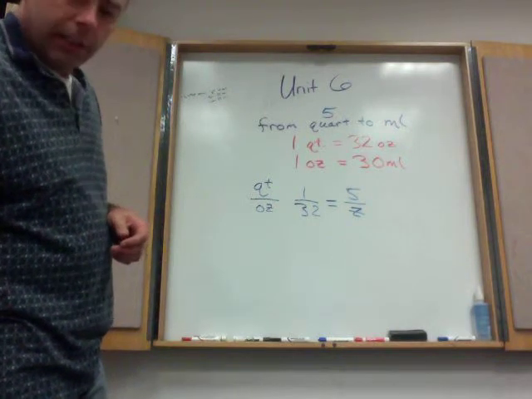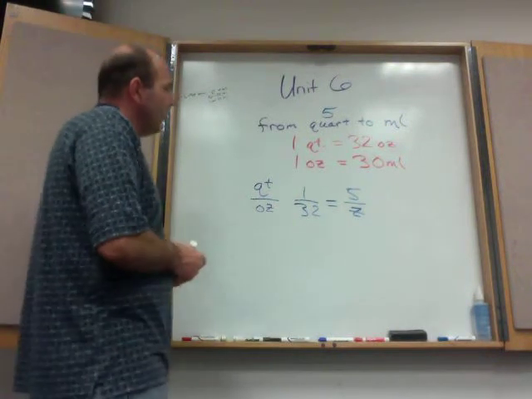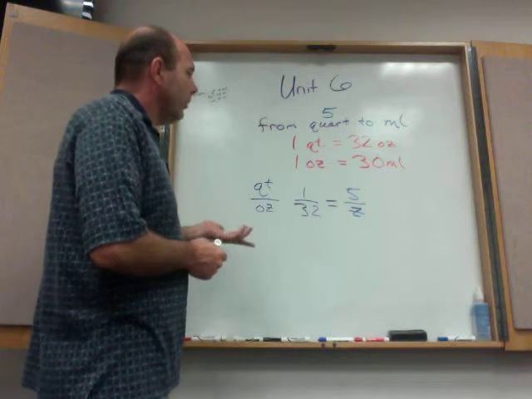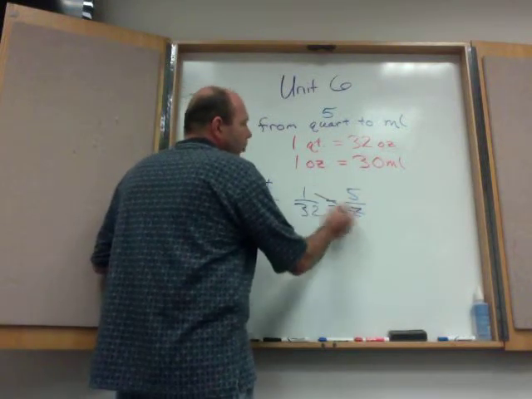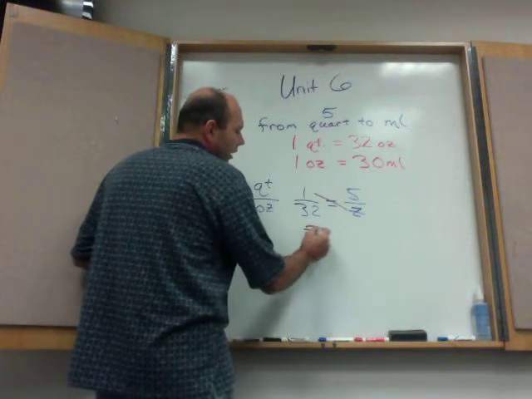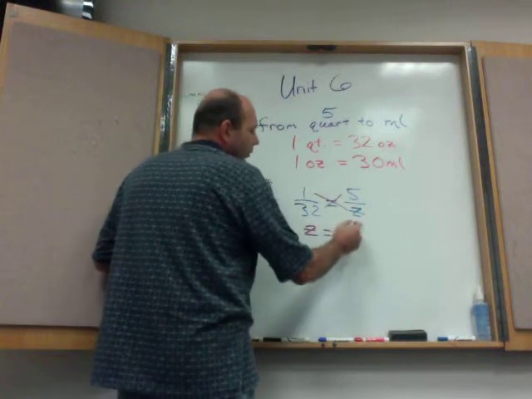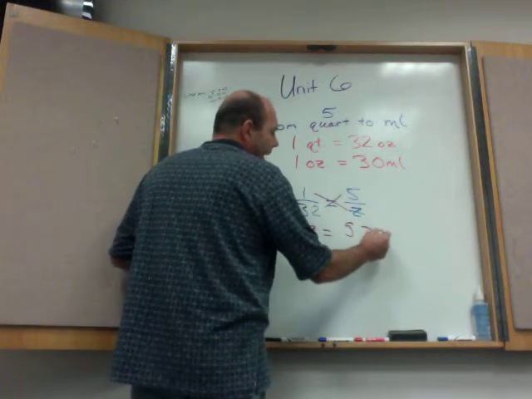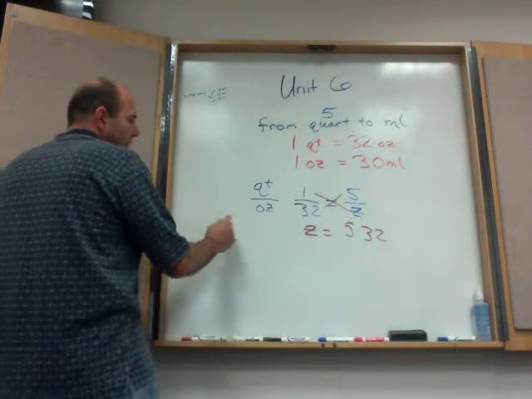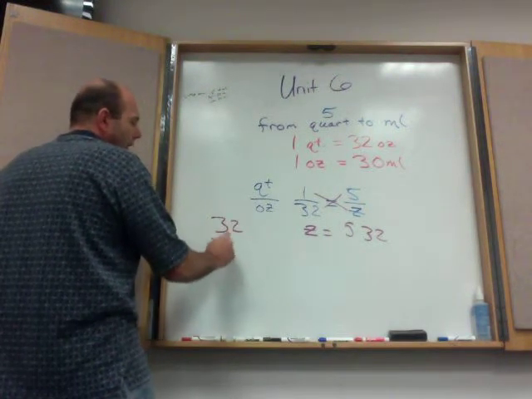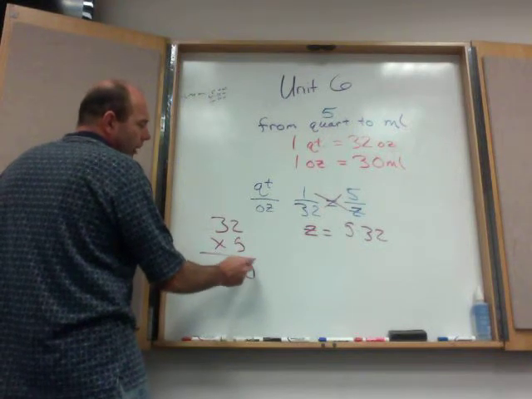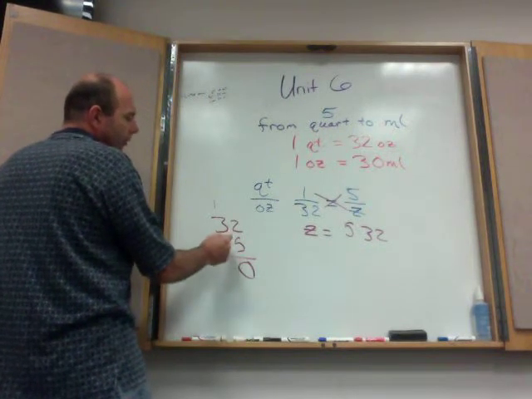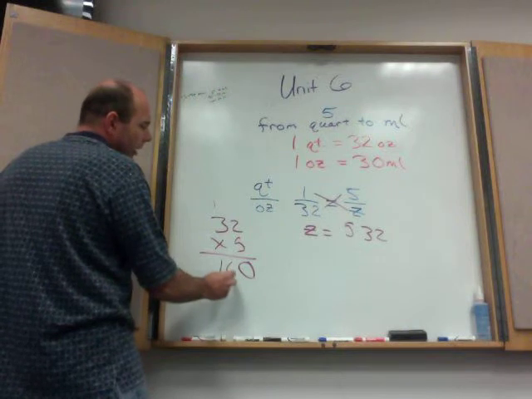Again, you can cross multiply, which works out just fine. 1 times Z is just Z, and 5 times 32 is just a little bit of math. So off to the side here, I'll go 32 times 5. 5 times 2 is 10, so I'm going to write down my 0, carry a 1. 5 times 3 is 15, and 1, 16.